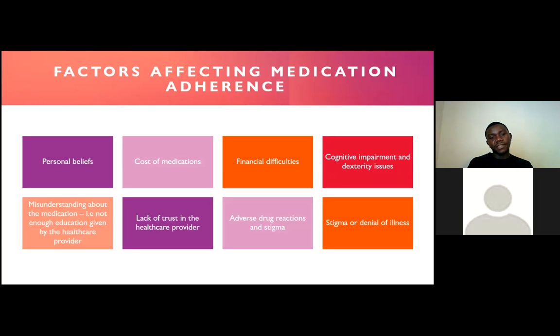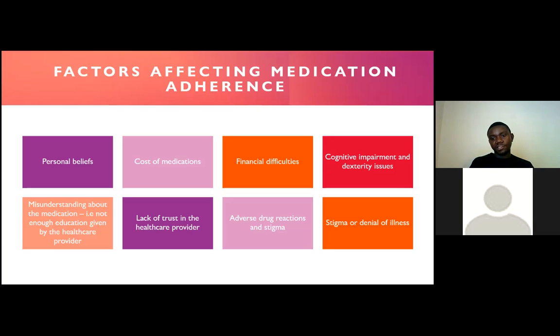And then the cost of the medication. Some medications are really expensive, and so buying the medication could become a difficulty. So cost of medication and financial difficulties sort of go together, because you are financially burdened and not able to afford the medication you need.